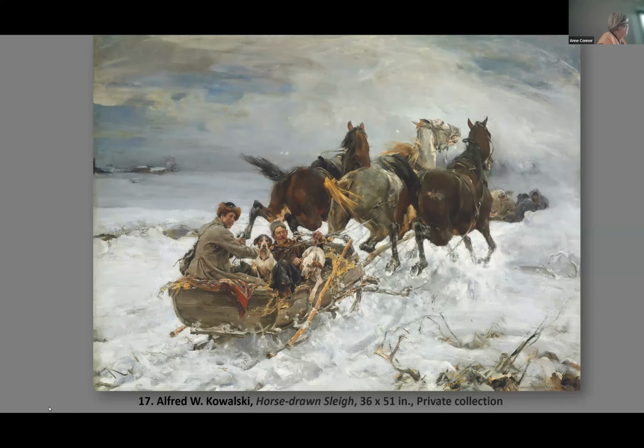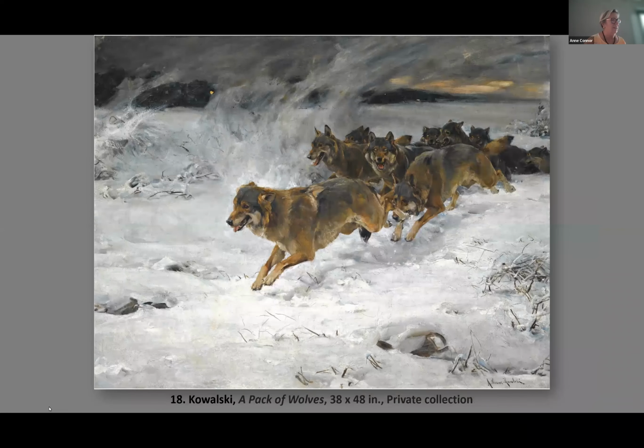And I think it's very well rendered. His most famous painting is regarding wolves. And there's a pack of wolves, but he's got other paintings with just one head of a wolf. They're just superb. You know that he's seen them close.